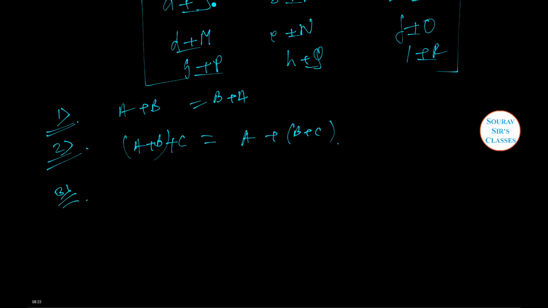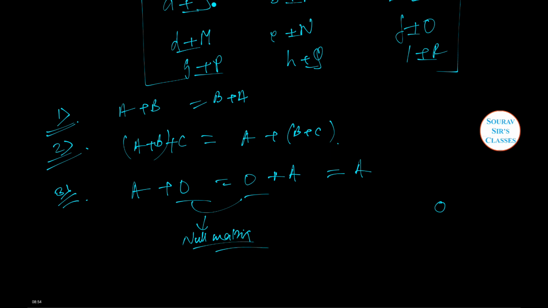Third property says that the null matrix or the zero matrix is the identity element for matrix addition. For example, A plus 0 is equal to 0 plus A, which is equal to A. Here this 0 does not represent 0, the point on the number line, but it is a symbol for the null matrix, O rather we say.